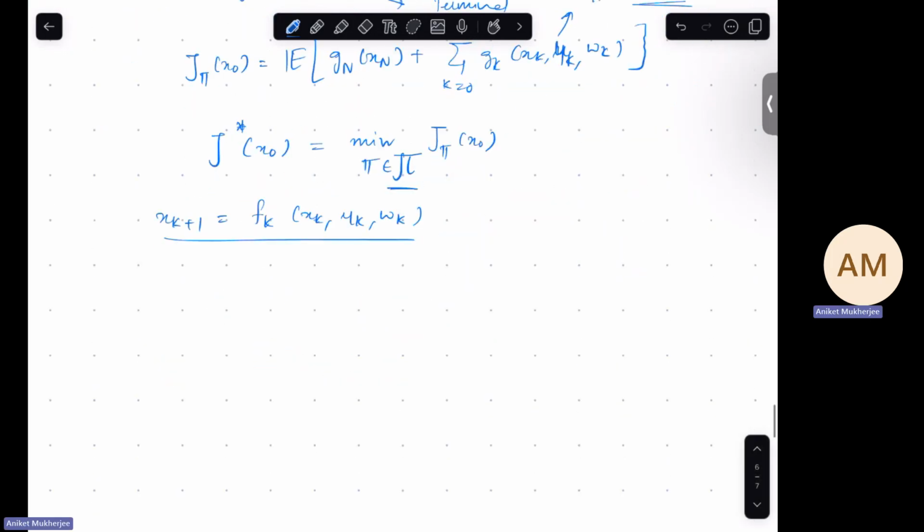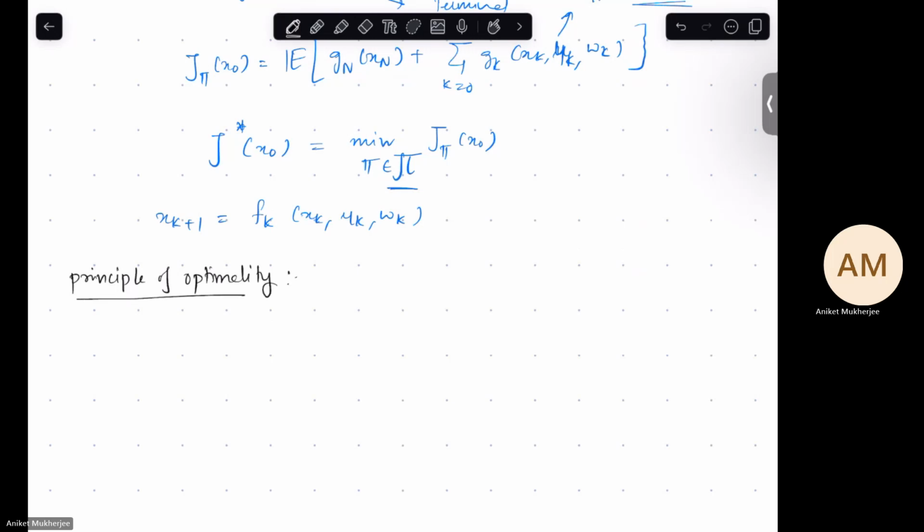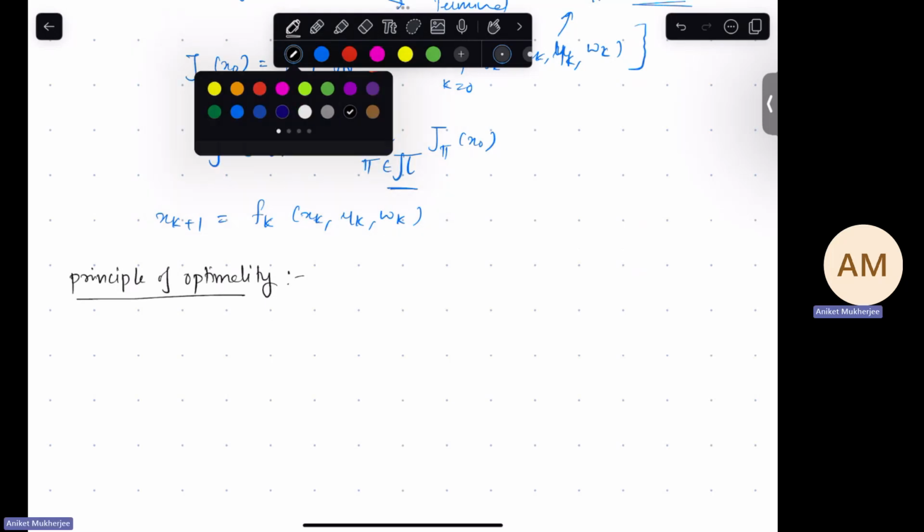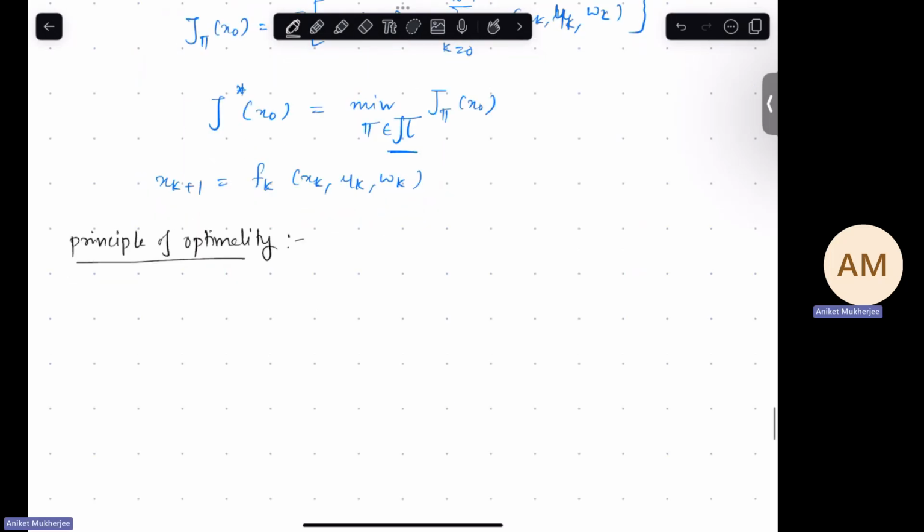Okay. So before going into all this, maybe in the next class we'll learn about the principle of optimality.